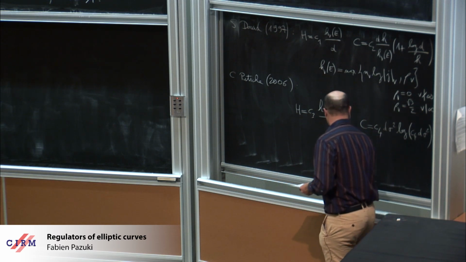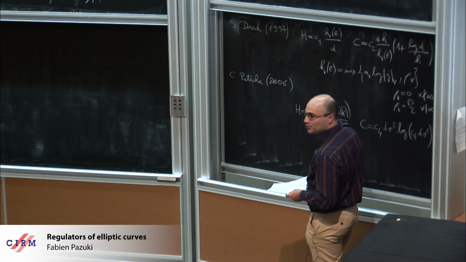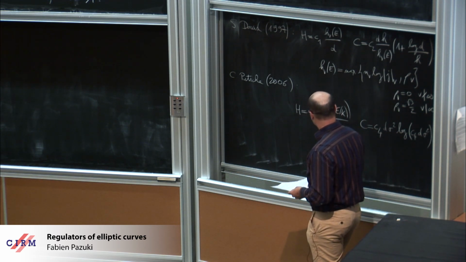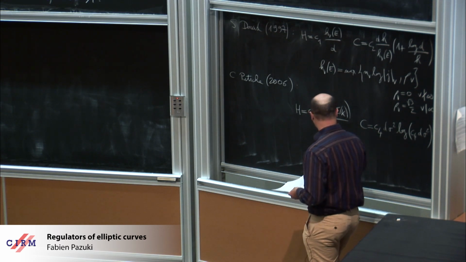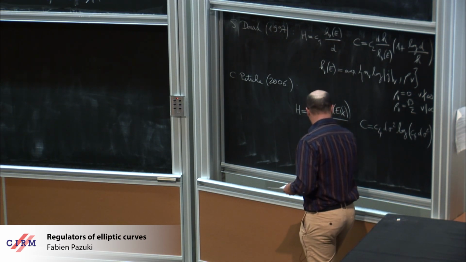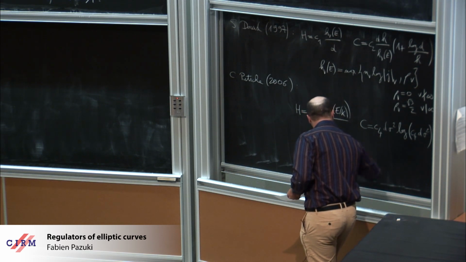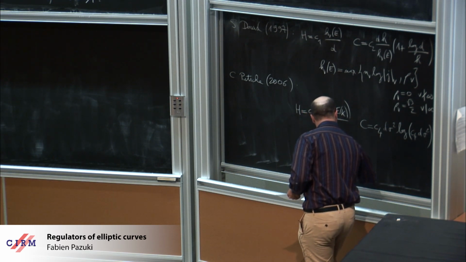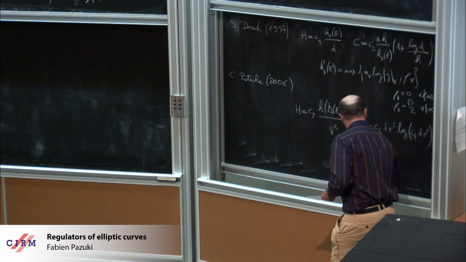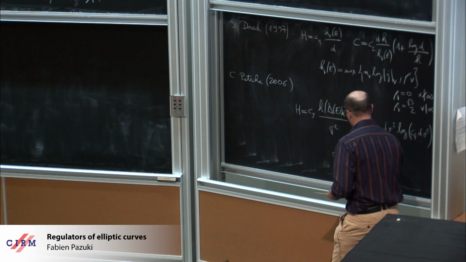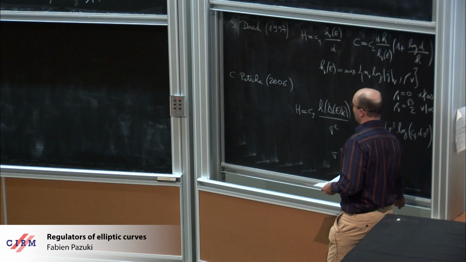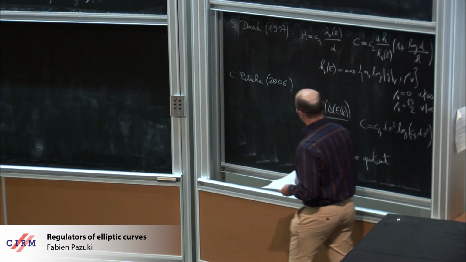Here, the height of delta is the log of the norm of the discriminant, the ideal discriminant of the curve. It's a different H, and sigma is the Spiro quotient, which is the quotient of the log of the norm of the discriminant by the log of the norm of the conductor of the curve.